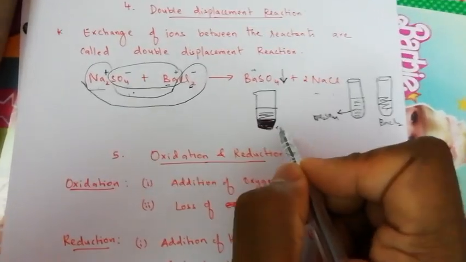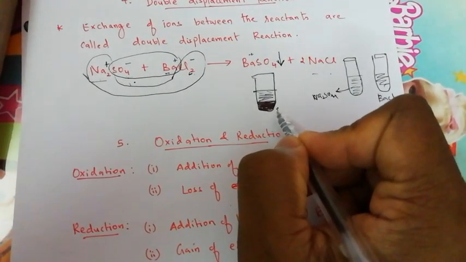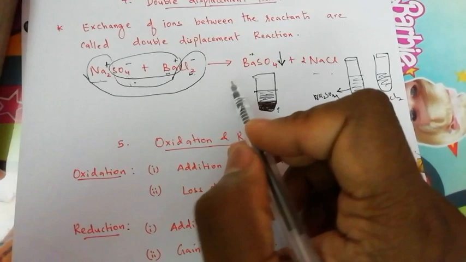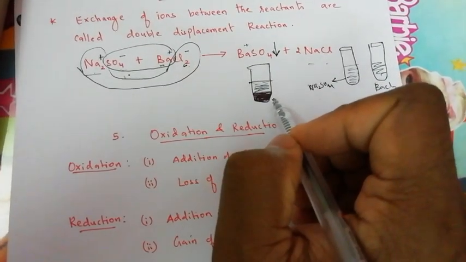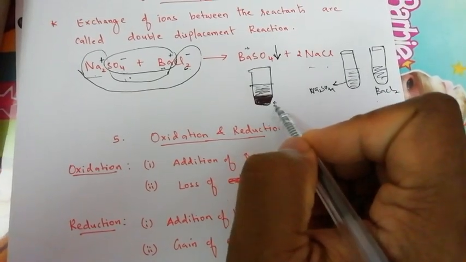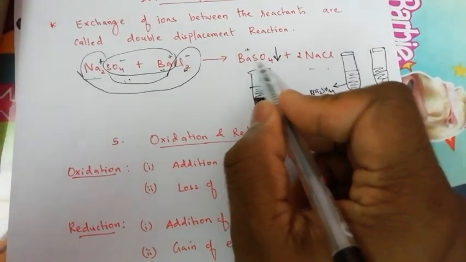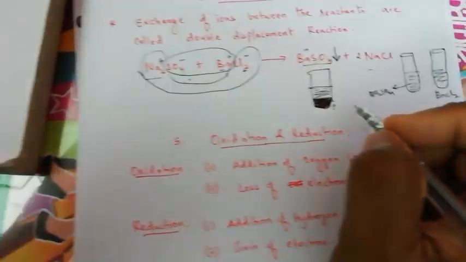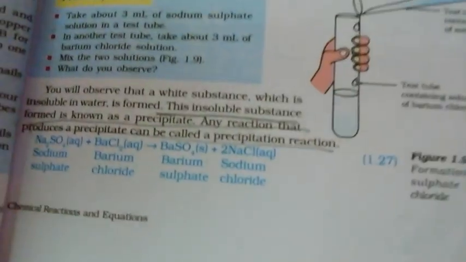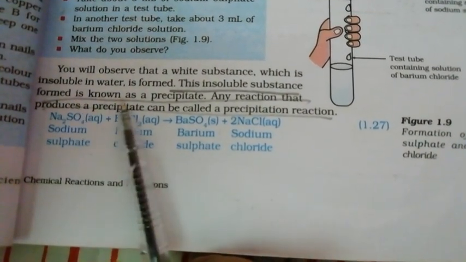It gets precipitated and comes down and settles at the bottom of the test tube. Once they both reacted, you know what happened, they exchanged their radicals, and so barium sulfate comes down and settles at the bottom. This is precipitated. Which is precipitated? This barium sulfate is precipitated. What is actually precipitation? Precipitation is nothing but an insoluble substance which is formed.